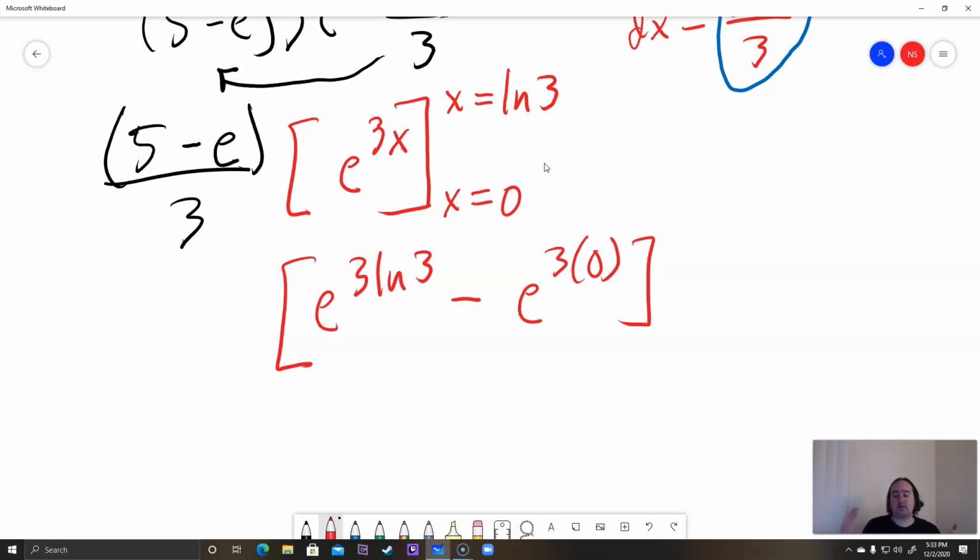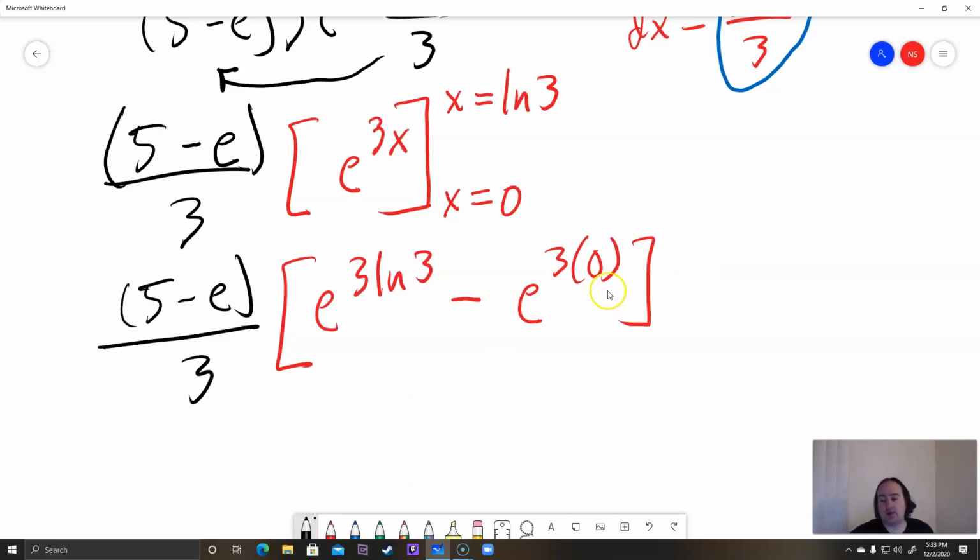That's plugging in the top number first and subtracting the entire function evaluated at the bottom number. Okay, and then what can we do to simplify this? Well, 3 times 0 is just 0, so this one over here is just going to be e to the 0, and any number to the 0 is 1. So this is just going to be minus 1 over there.